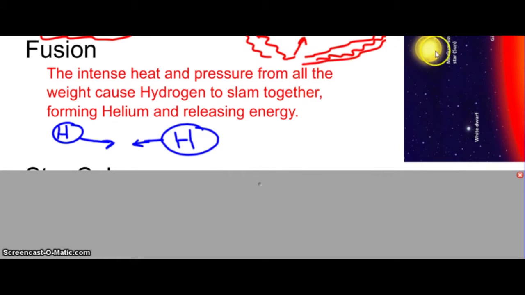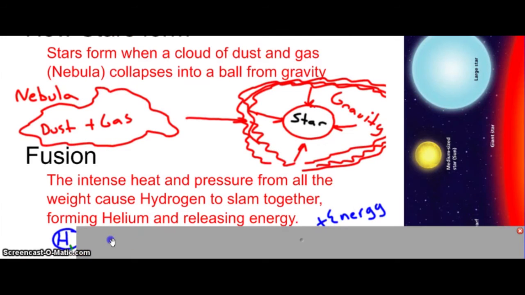So inside of a star, when two hydrogen atoms are moving so fast, they slam together, they end up joining into helium. Hydrogen has one proton, plus one proton equals two protons, or helium. Okay, so if you have a hydrogen, which only has one proton, that happens to slam into another hydrogen, which happens to have one proton, and they have enough energy that they don't repel each other like they want to.